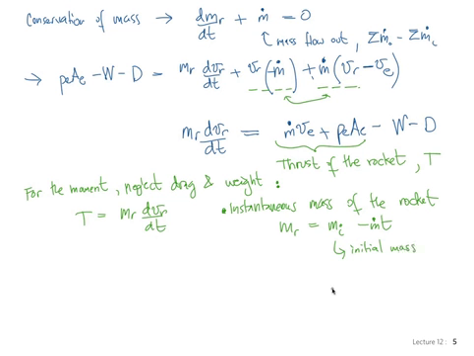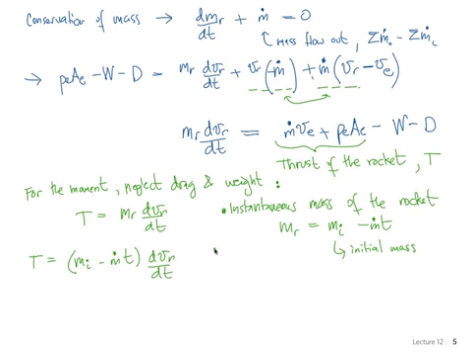The initial mass at the time of ignition will be the mass of the rocket and all the propellant fuel in it. And as time evolves, just the propellant is going to be burned out and come out as exhaust gases. So that makes sense. We write it this way. So T is equal to (m initial minus m dot t) times dV_r/dt.